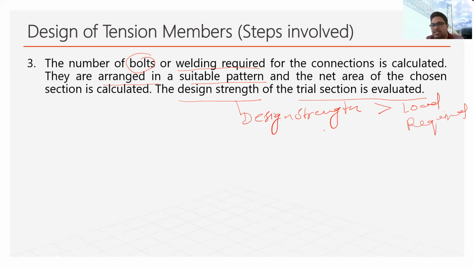If it is greater than this, it is safe. If it is very much greater than this, then we have to revise the section. Or if by chance it is less than the load required, then again we have to revise the section. So this is what we have to do in the next step.